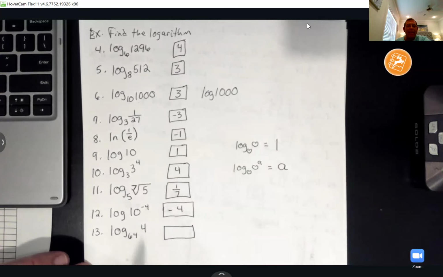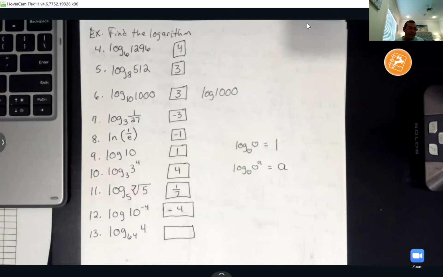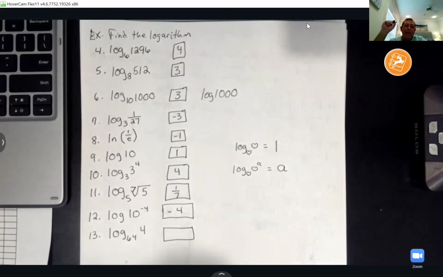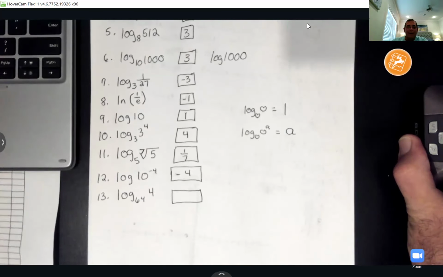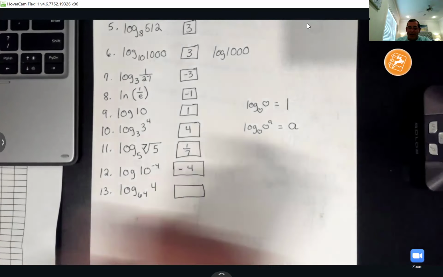So y'all push that in and tell me what you get. And remember, if you get a decimal, turn it back into a fraction. Oh, y'all gonna make me punch that in?